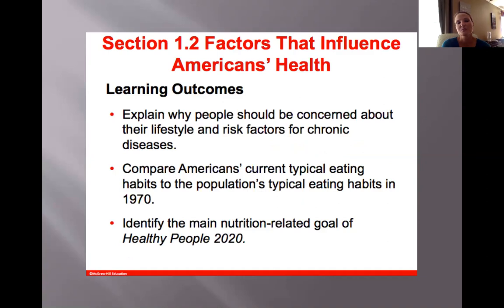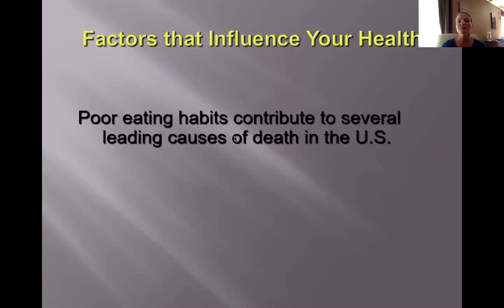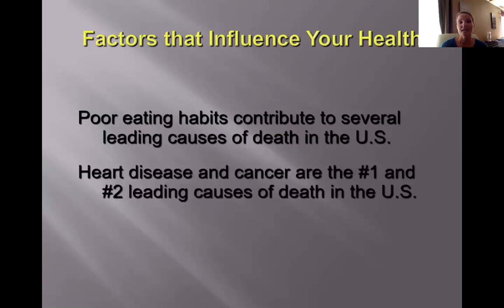All right, so what are some other factors that can influence our health, and why should we be worried about them? Let's talk just a few minutes about that. Poor eating habits contribute to several leading causes of death, which we looked at earlier, right? We know that stroke and heart attacks are the two leading causes of death in the US.